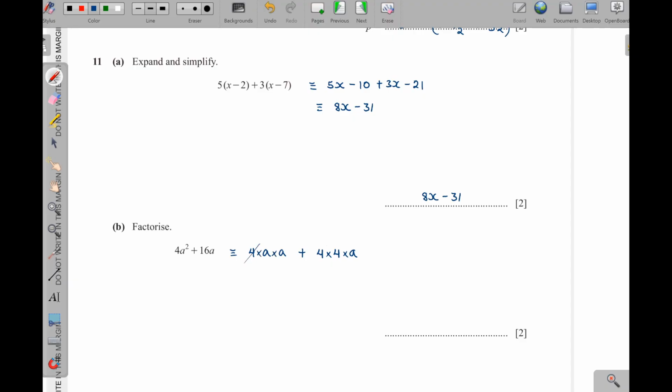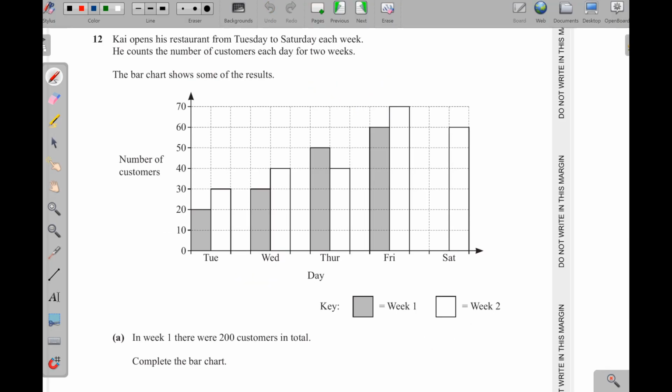If 4 is common, so I will pull it out here. And A is common, I'll pull it out here. You see that? Then what is remaining here is an A, and then here is a 4, but there is a plus. So we shall have plus 4 here. So this is going to be our answer here. So just shift it and then put it there. As simple as that. Question 12 is coming from statistics.